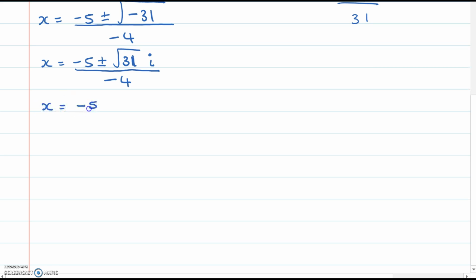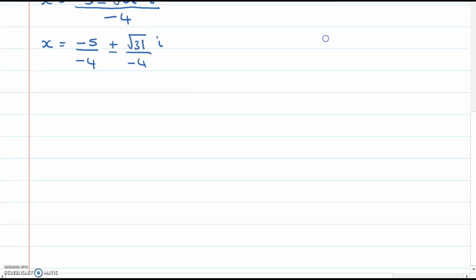So we can write it as negative 5 over negative 4, plus or minus the square root of 31 over negative 4, times i. Minus over minus is plus, so X equals 5 over 4 plus or minus root 31 over 4.